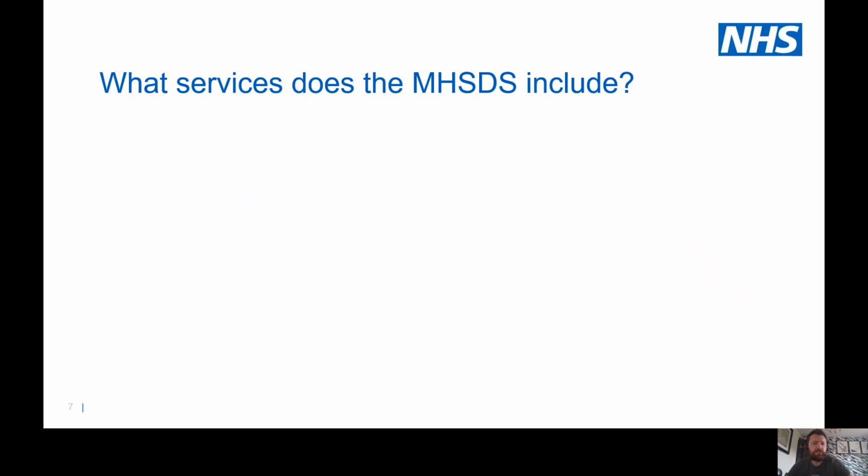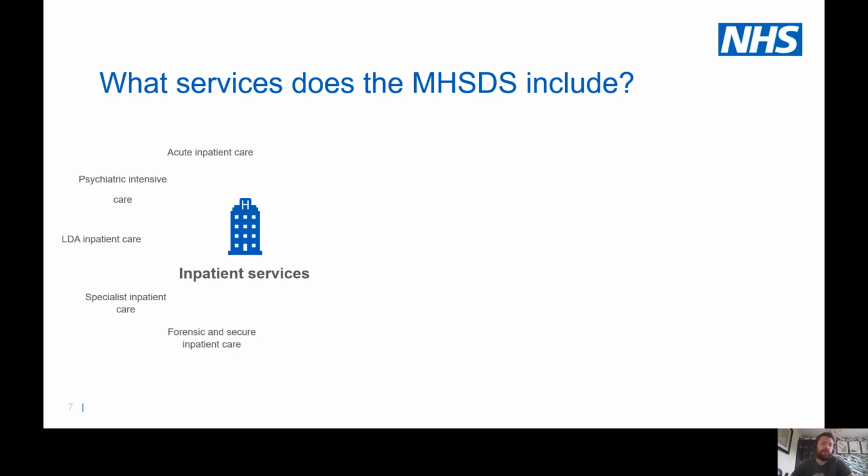So what services does the MHSDS cover? Inpatient services, and by inpatient services we mean acute inpatient care, psychiatric intensive care units, learning disability and autism inpatient care, specialist inpatient care, along with forensic and secure inpatient care services.